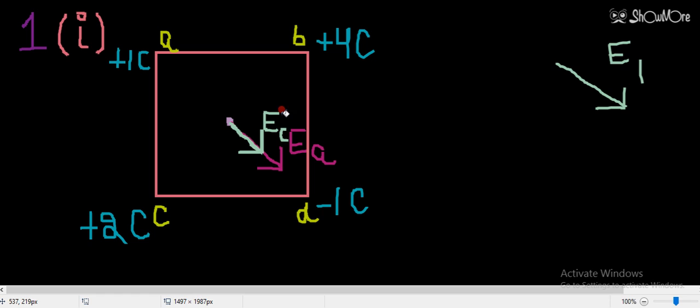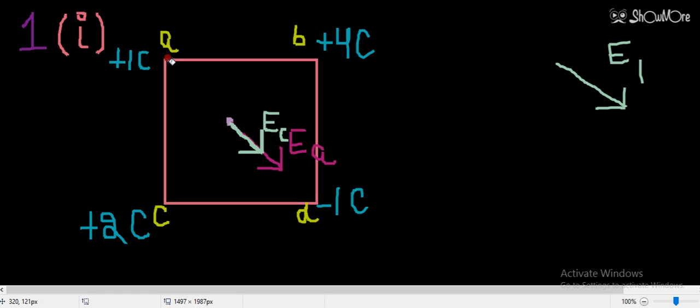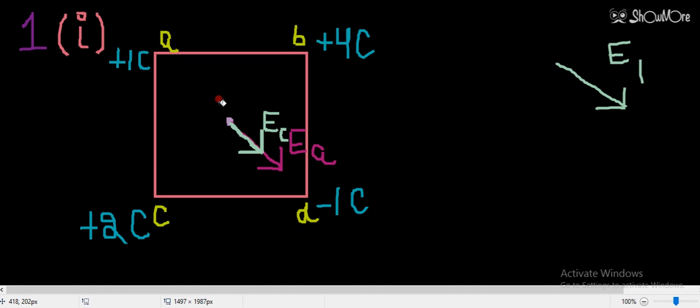Now this distance, from here to here, is A by root 2. This thing we have discussed earlier in the force numericals also, A by root 2. And when you calculate EA, I am writing here the value of EA now.